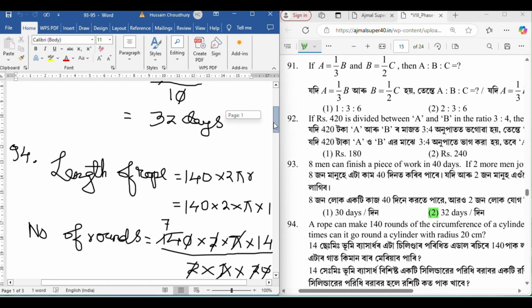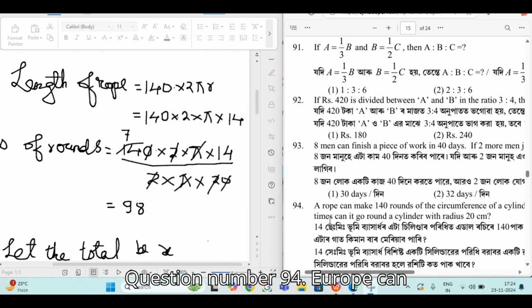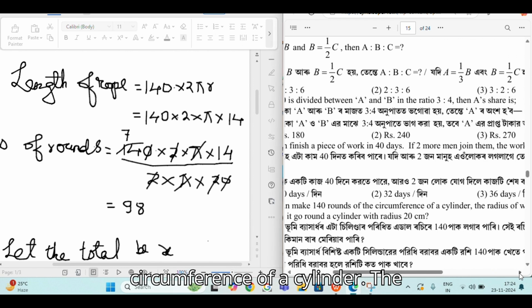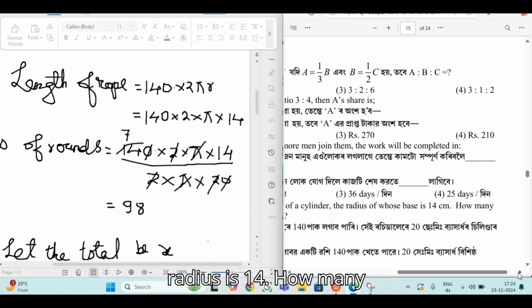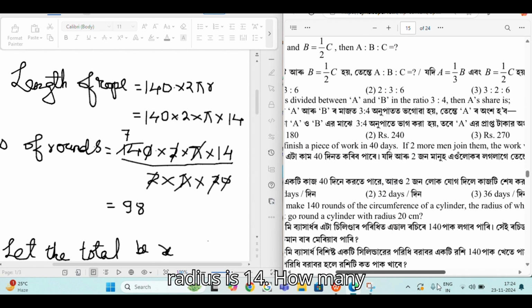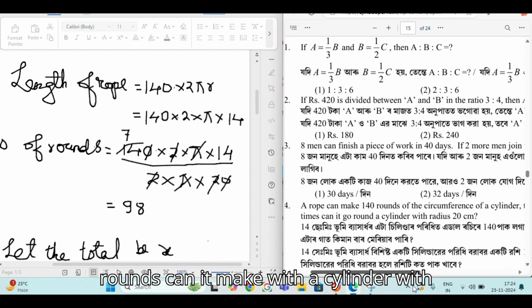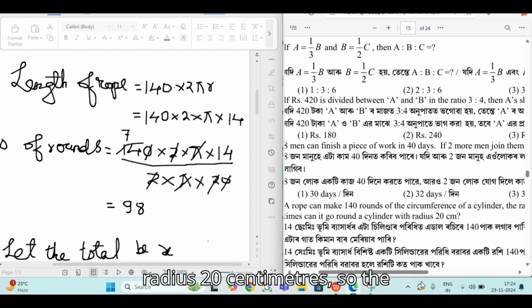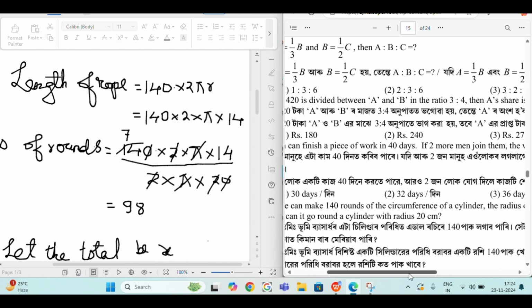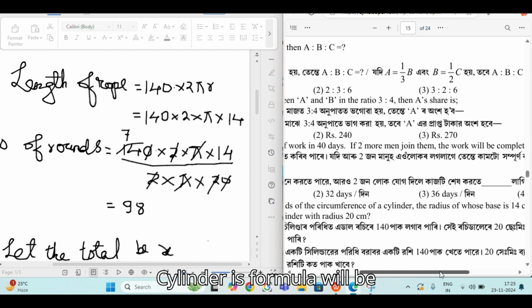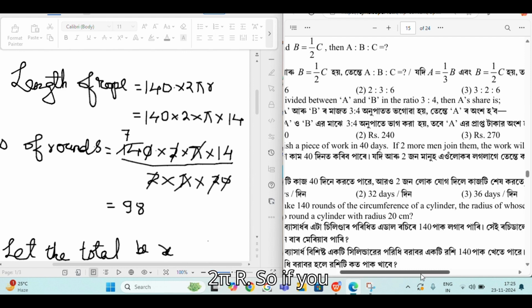Next question is question number 94. A rope can make 140 rounds of the circumference of a cylinder. The radius is 14. How many rounds can it make with a cylinder with radius 20 centimeter? The circumference of a cylinder, the formula will be 2 pi r.